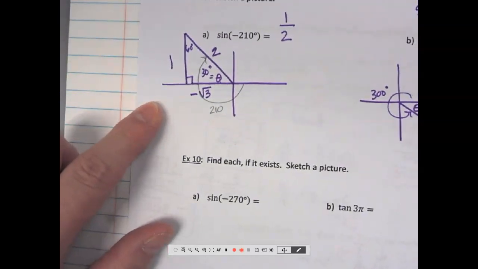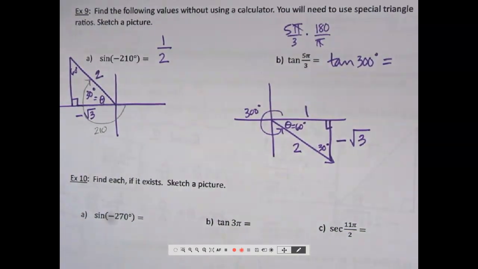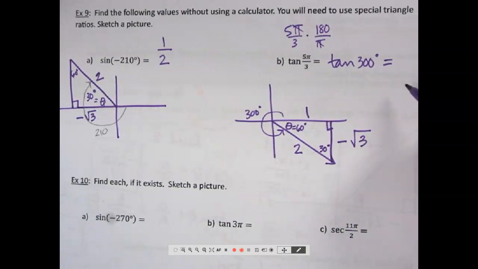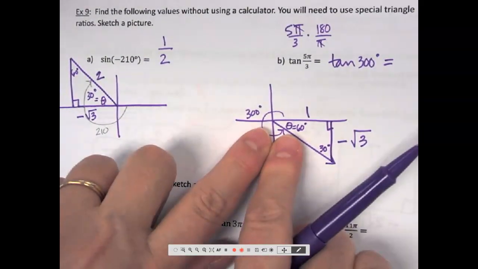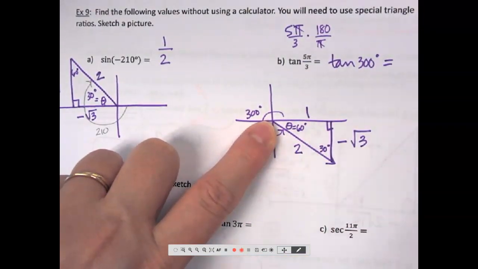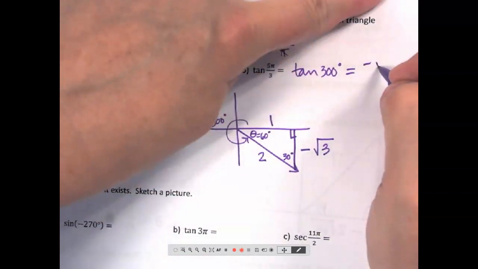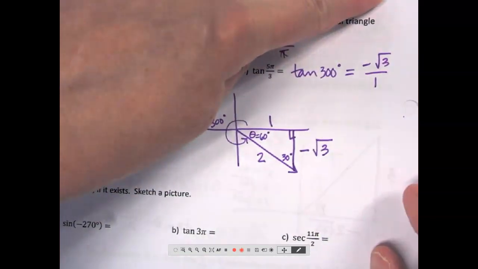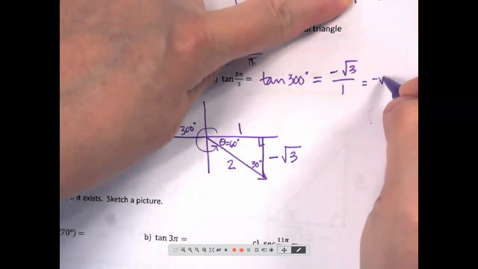I just had to make the adjustments for what was opposite each side. Okay? So now I need tangent. Tangent is opposite over adjacent. So I'm going to use this triangle and do opposite over adjacent, negative square root of 3 over 1, which is just negative square root of 3.